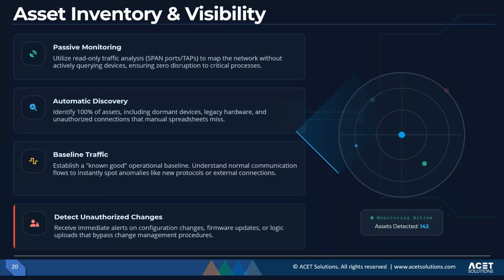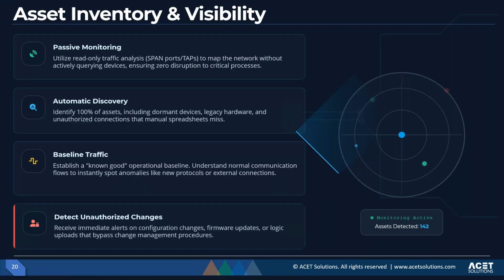For instance, it may baseline that the SCADA server polls the PLC every 500 milliseconds, or that a certain field device should never initiate an outbound connection. Any deviation from these patterns becomes an indicator of potential misconfiguration or compromise.